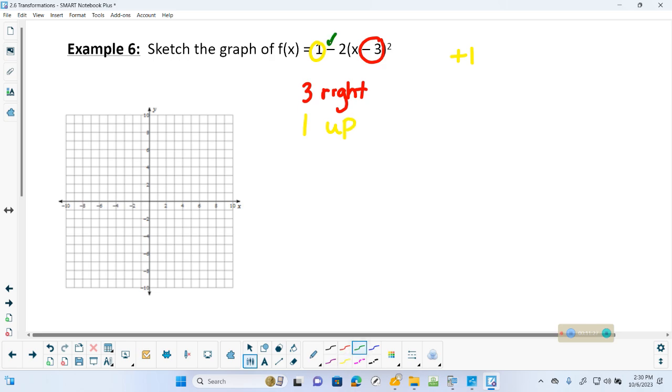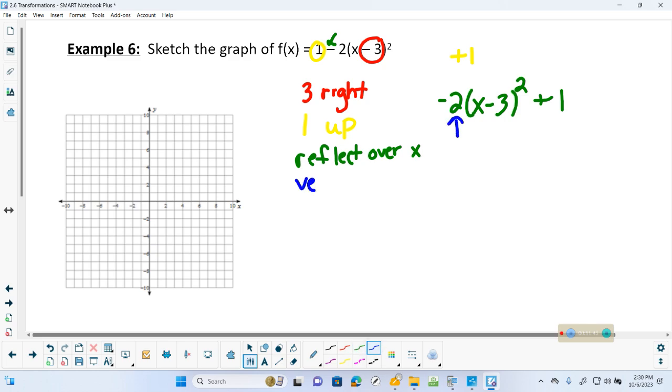We've got a negative on it, because again, really, if that's messing with your mind, think of it as this form, the +1 at the back. We have the negative on front, so it's going to reflect over x. And then, of course, we've got the 2, so we have a vertical stretch. Okay, so we have all sorts of good stuff.